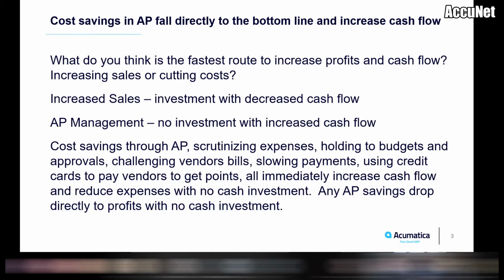That will help the business, be cost savings, and in the end increase profits. So AP is a very important department, and that's why we're spending time on it here today.